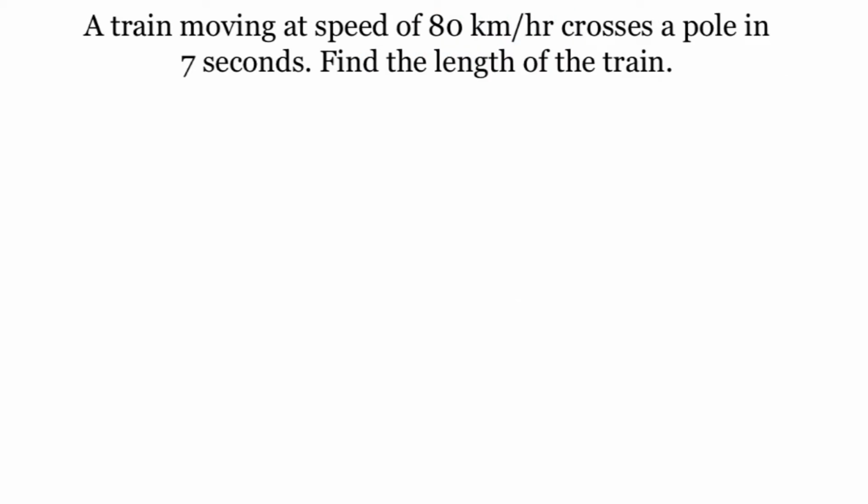A train moving at a speed of 80 km/h crosses a pole in 7 seconds. Find the length of the train. Still length is required, that is distance. Distance is speed into time. Here speed of train is 80 km/h into 5 by 18 meters per second, and time period is 7 seconds, into 7.